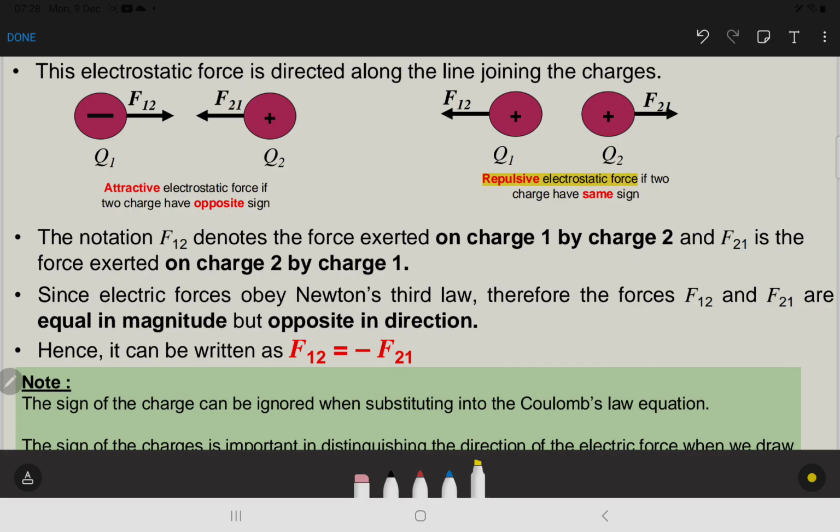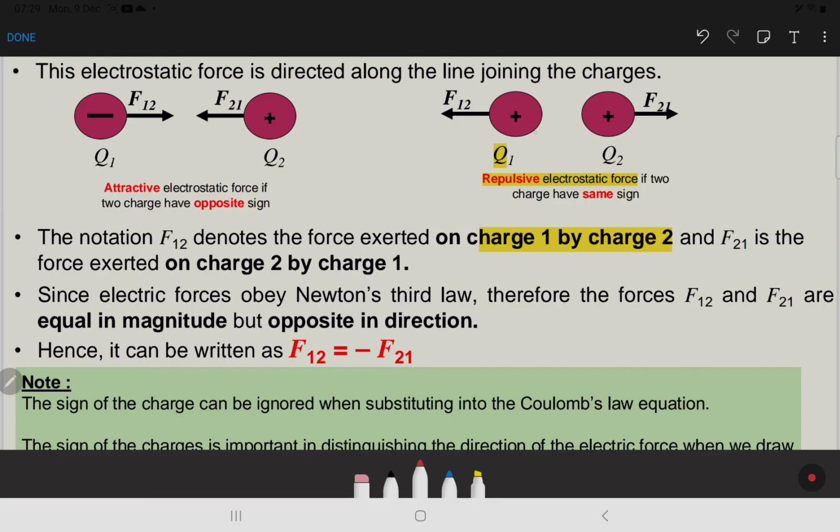And then the label: for example, force acting on charge 1 by charge 2. This one is force on charge 1 by 2, and this one is force on charge 2 by 1.